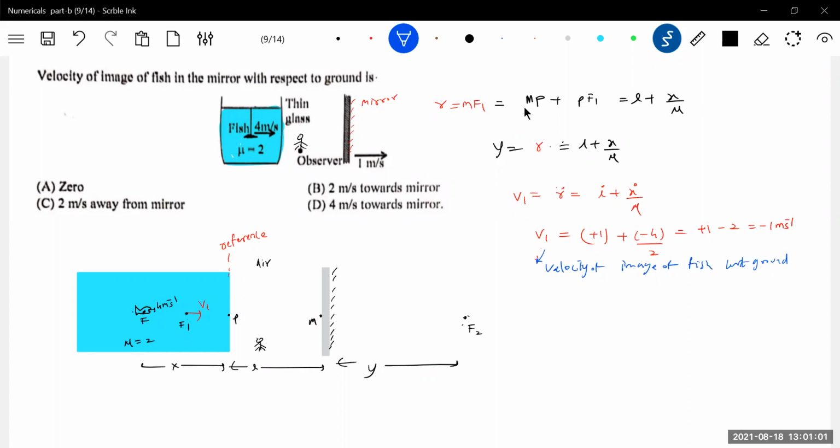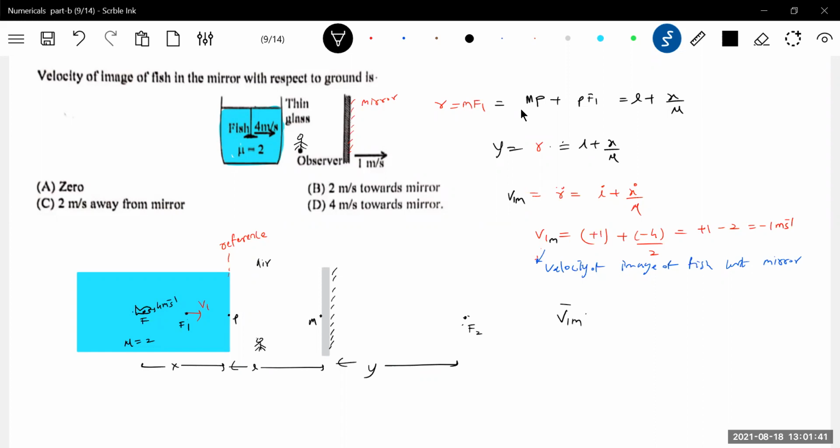No, the mirror will see this one, no? With respect to mirror, sorry. The fish will appear like an object. Now we'll calculate the actual velocity. This is Vm1, velocity of 1 with respect to mirror.